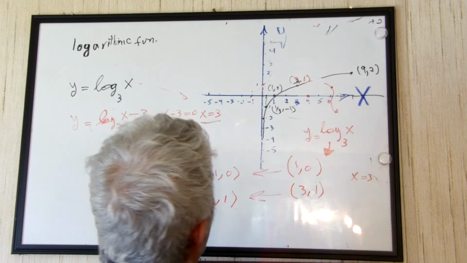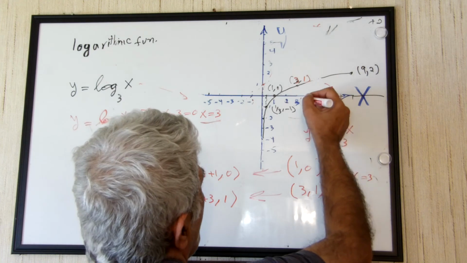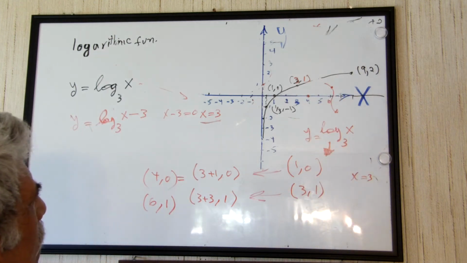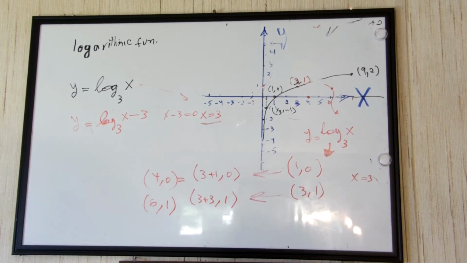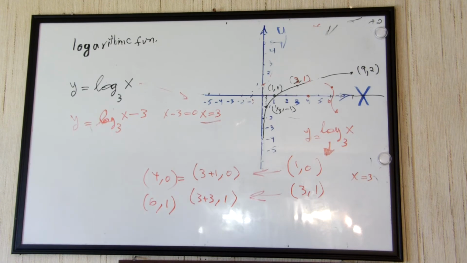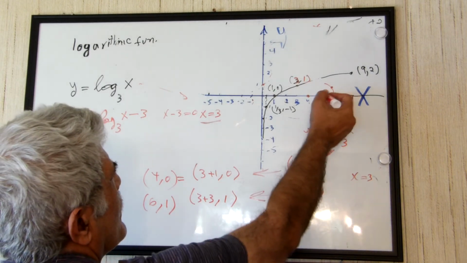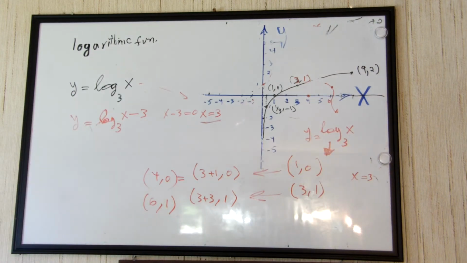So actually, where do they go? We noticed that if we know the vertical asymptote, then we know what this graph is going to look like.